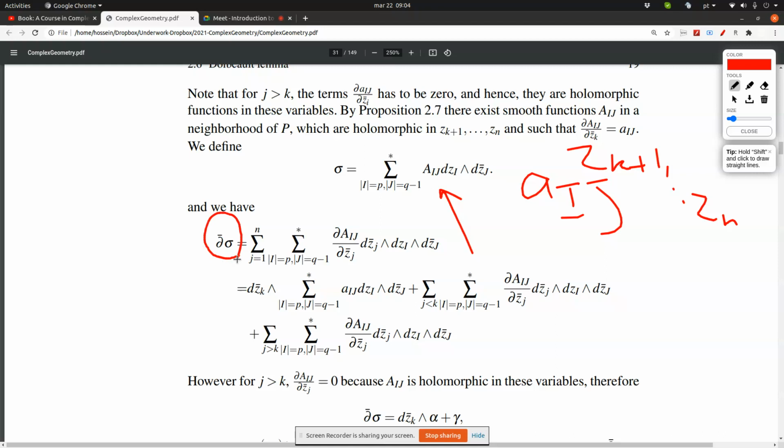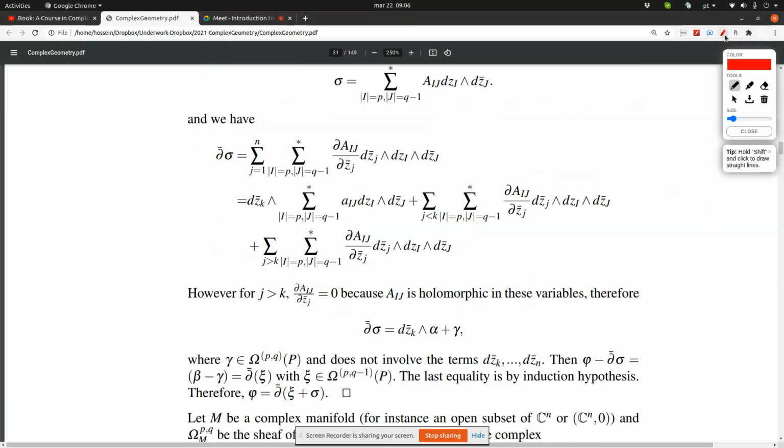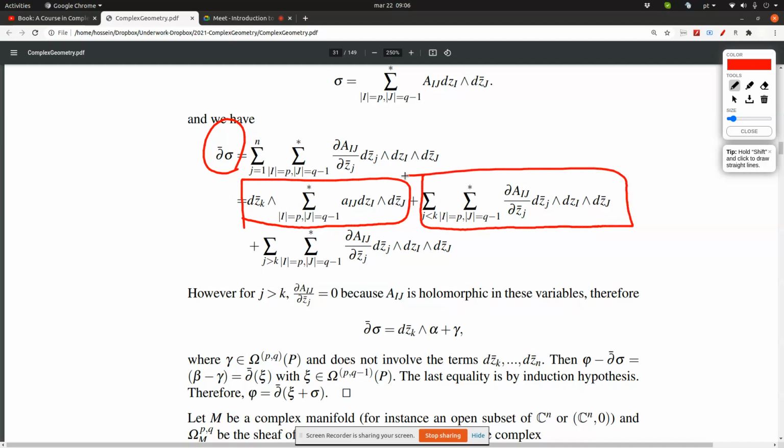When we compute dbar sigma, we have to take care of the derivation, and we divide it in three pieces: the derivation with respect to z_k bar, the derivation with variables j strictly less than k, and the one with j bigger than k.